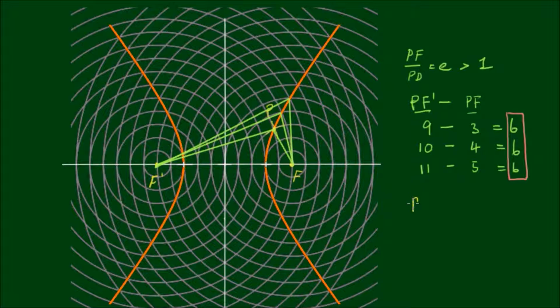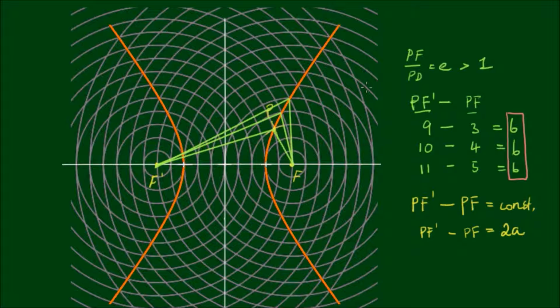In other words, PF prime minus PF is equal to a constant. And let's give this constant a value of 2a. Okay, so a here is a constant. So we say the difference between PF prime and PF is equal to 2a.